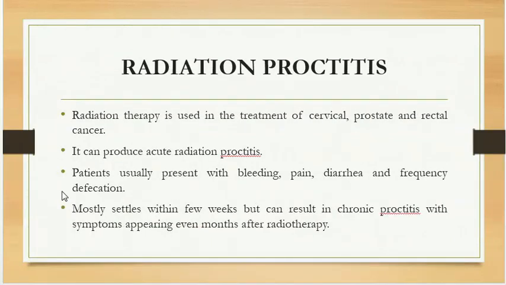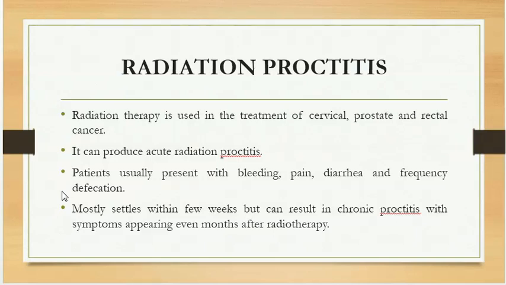Another specific type is radiation proctitis. Radiation therapy is used in the treatment of cervical, prostate, and rectal cancer. It can produce acute radiation proctitis with bleeding, pain, diarrhea, and defecatory frequency.